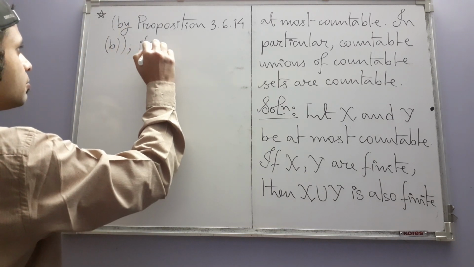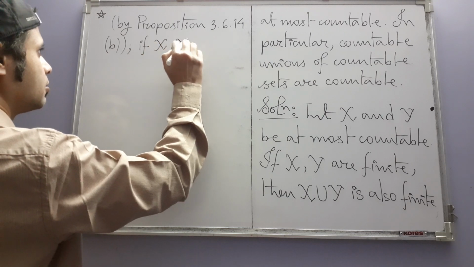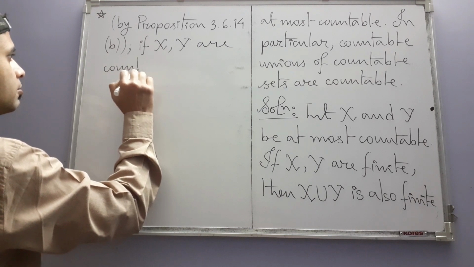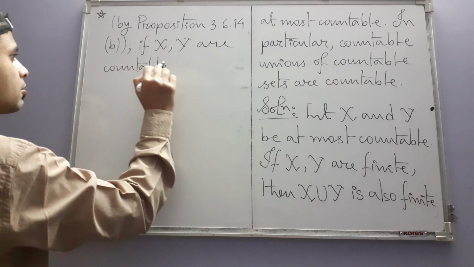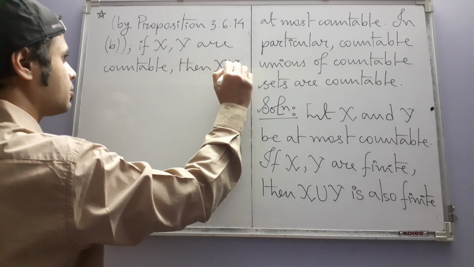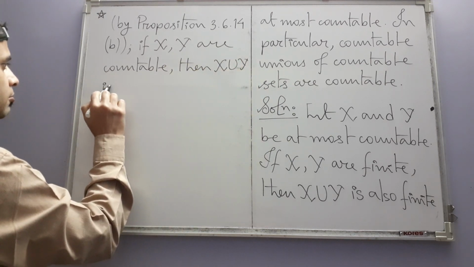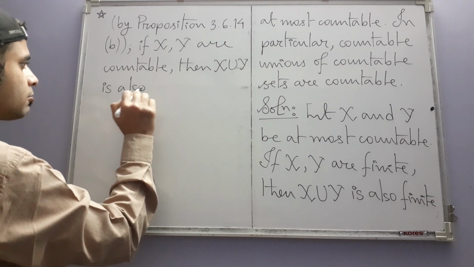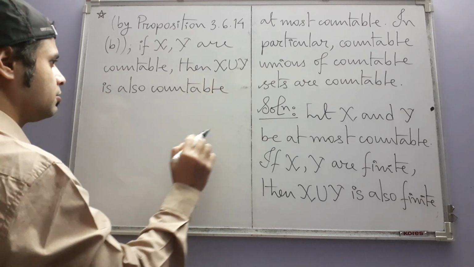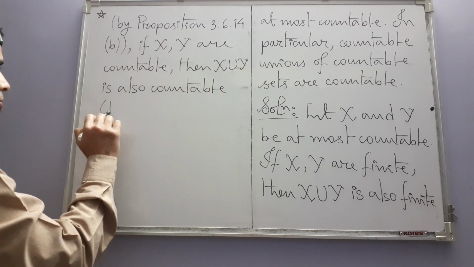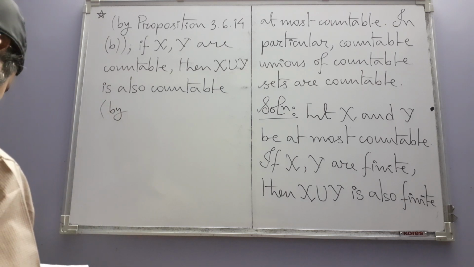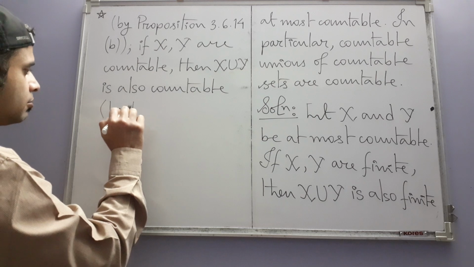If, on the other hand, x and y are both countable, then their union is also countable. And this also we have already proved. It follows from proposition 8.1.10.